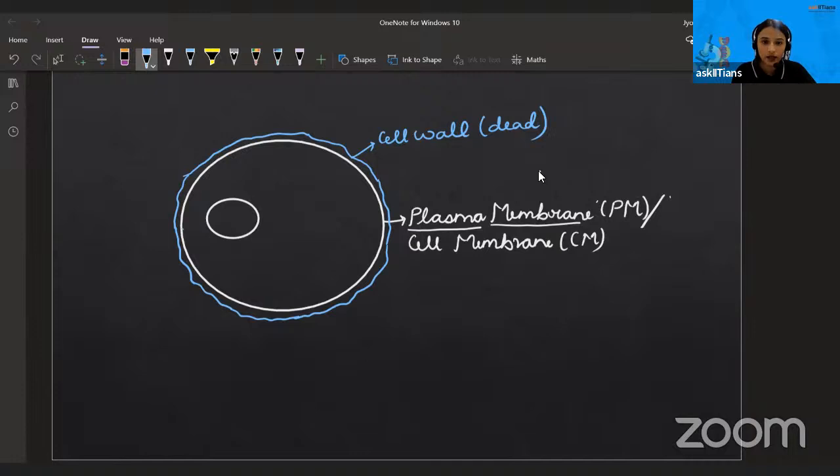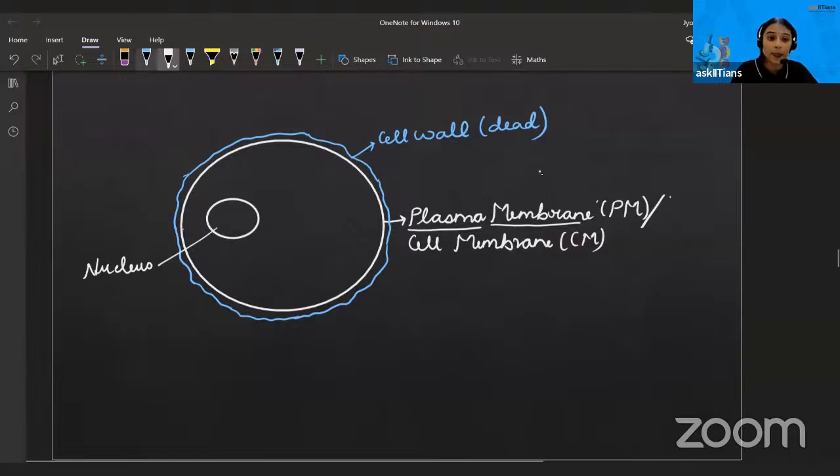Now, inside this plasma membrane, you will observe there are different compartments present, right? And these different compartments have a specific function. And we call these different compartments cell organelles. Okay, so this round structure which is present inside the cell is the nucleus.